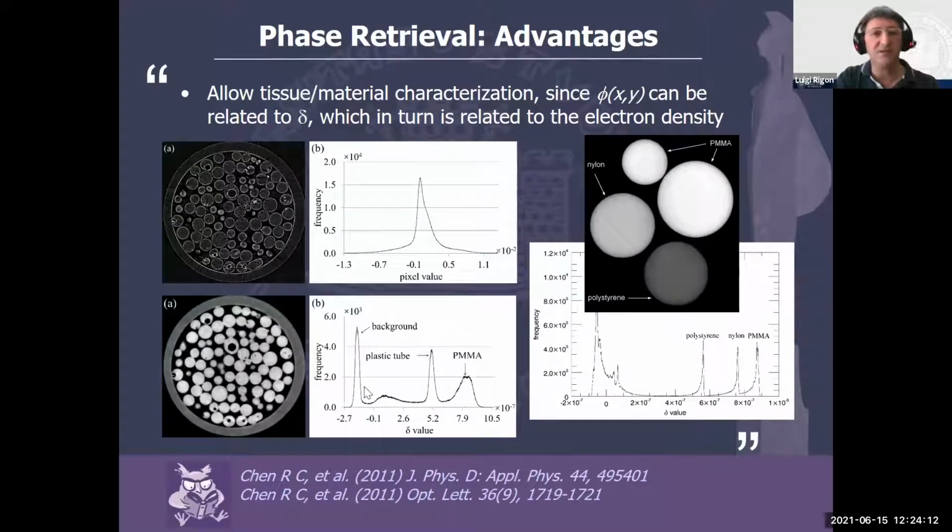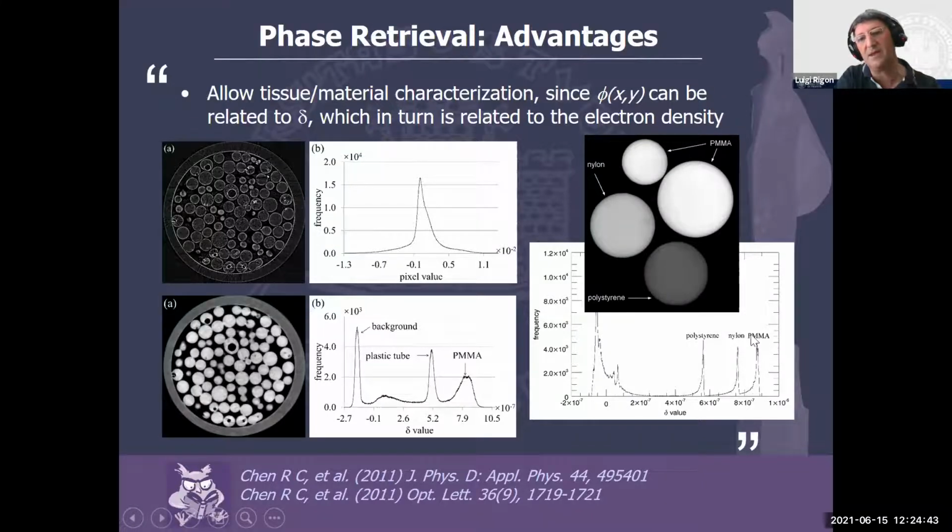And this is important. You see here, for instance, this is the propagation-based image. This is phase retrieved. You see again, you change from edge contrast to area contrast, but this can also bring some quantitative advantages. For instance, here we have some different materials and they look in different shades of gray because now we are quantitative. We are really mapping the phase shift, and the phase shift is different according to the material.